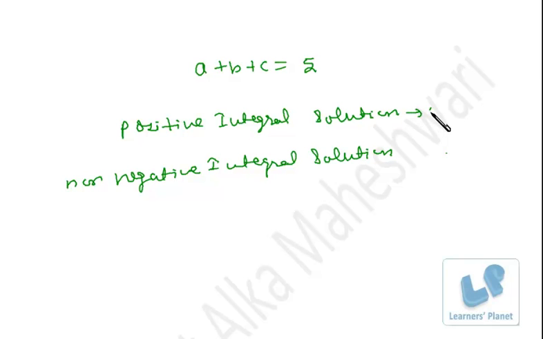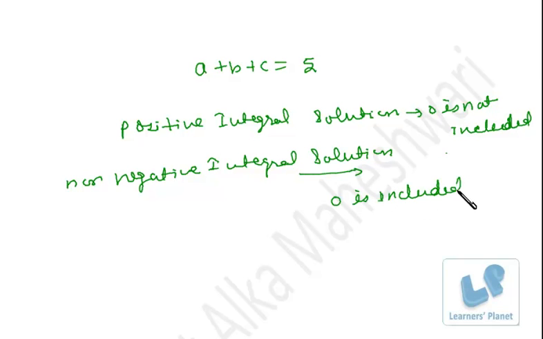In this case, 0 is not included. And in this case, 0 is included. That means we can assign the values as 0 0 5, 5 0 0, 0 1 4, 4 1 0, something like that, right? In the positive case, we cannot assign 0 as a value, right?